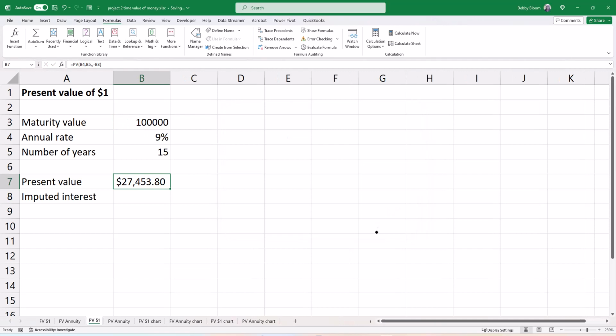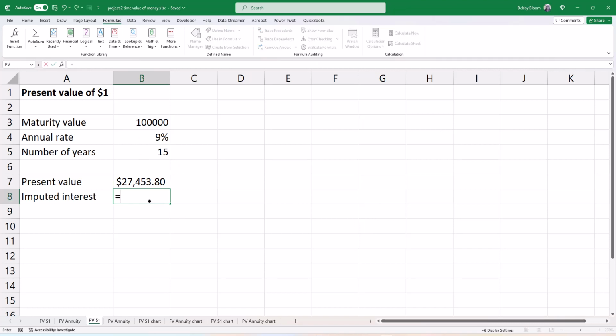Present value of $100,000 over 15 years is $27,453.80. So working the problem backwards, if I deposited $27,453.80 today, if I kept it in an account for 15 years that earned 9% annual rate of interest, at the end of the 15 years, I will have exactly $100,000.